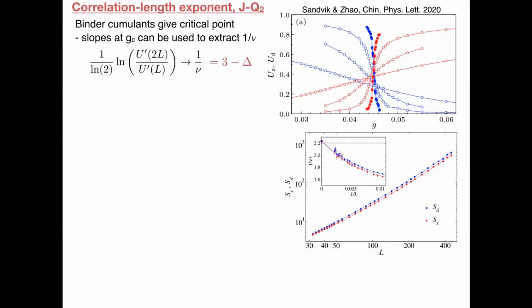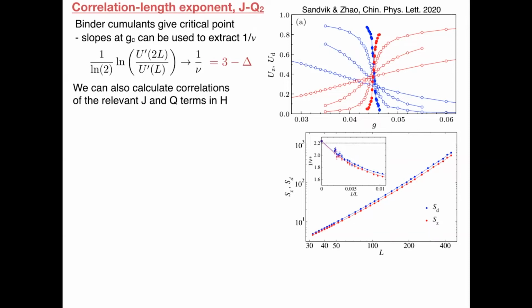Here the system sizes are already around 100, and here the biggest size is almost 500, and still you see that there's a pretty large drift, and it's not super easy to get a good extrapolation. But one nice thing is that the results for the dimer, and here I call it Z, the Z component of the AFM order that is used, at least seem to have the same behavior.